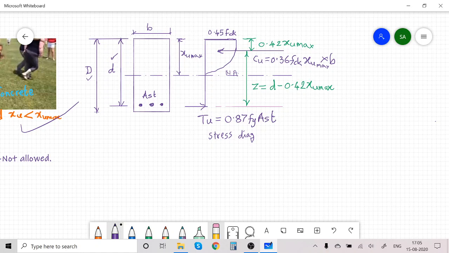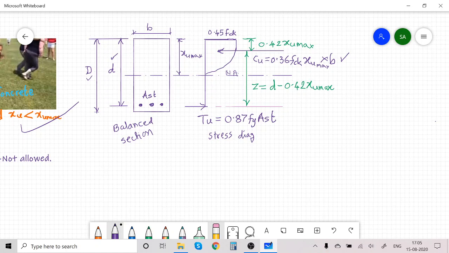The total compressive force Cu given by concrete is 0.36 FCK XU max B. Here, as I am considering a balanced section, I will call XU as XU max.